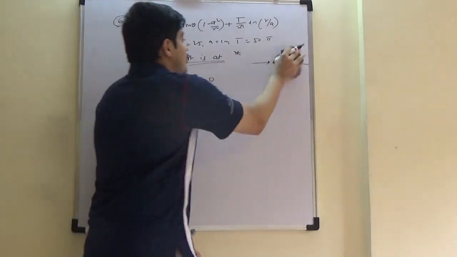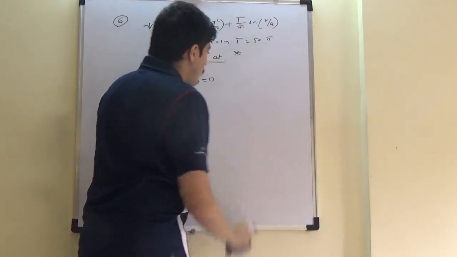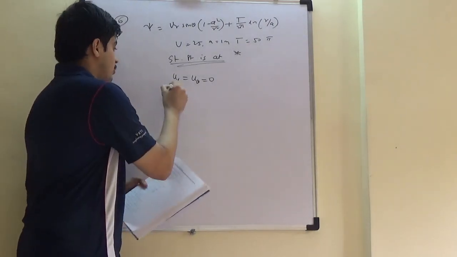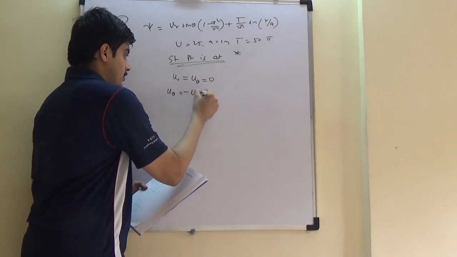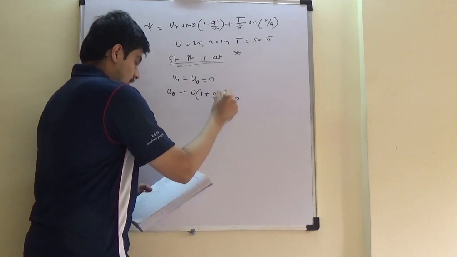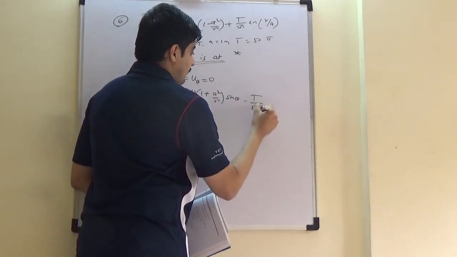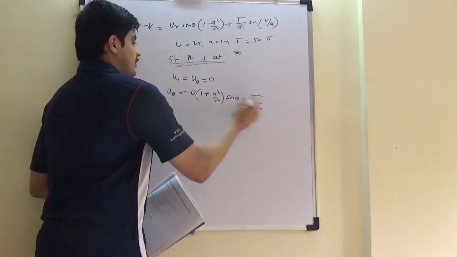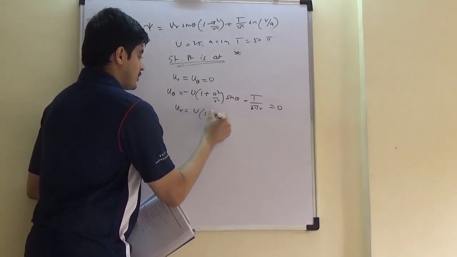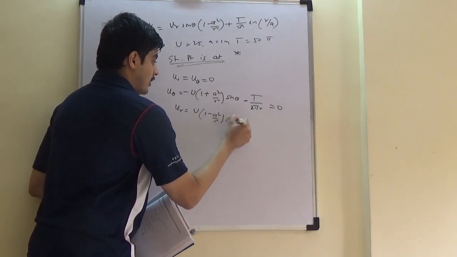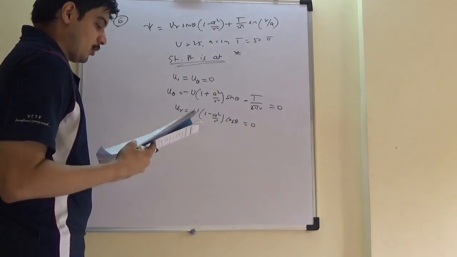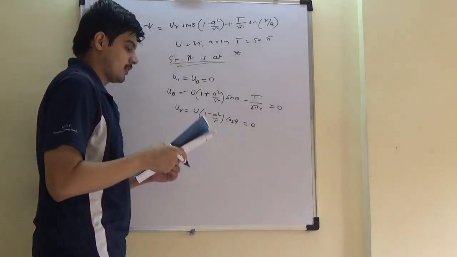But because of the rotation, the tau being in place, it is no longer a simple case. What is U theta? Minus U 1 plus a square upon r square sine theta minus tau by 2 pi r. This is equal to 0 and UR, which is U 1 minus a square upon r square cos theta, is equal to 0. These are the two relations which we have to find out.